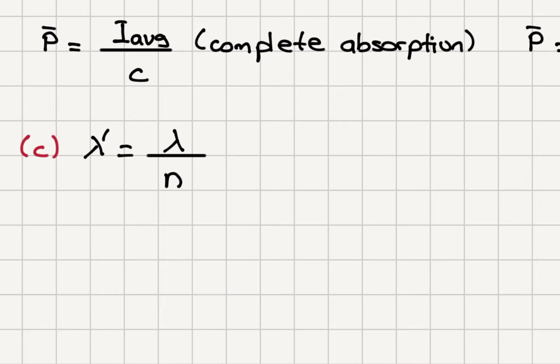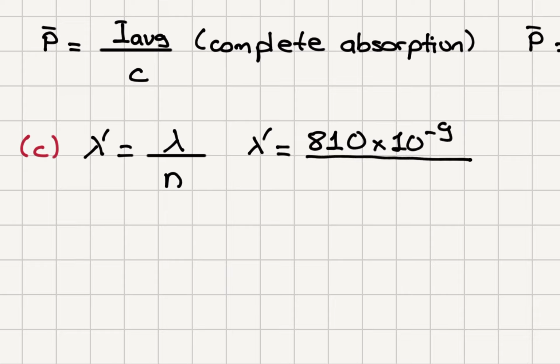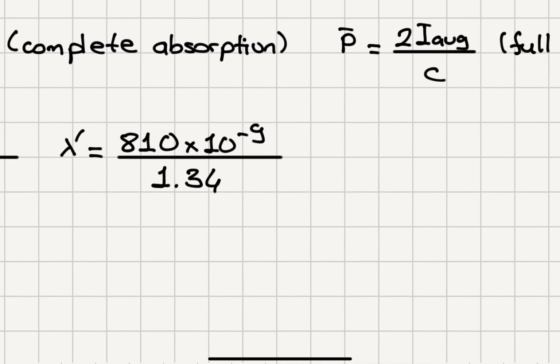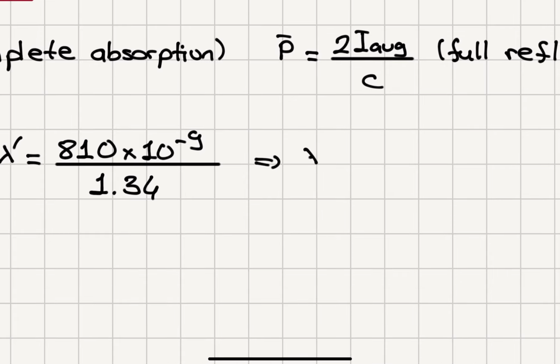From this we can calculate the wavelength: 810 nanometers, 10 to the minus 9 in air, divided by the index of refraction of the vitreous humor, 1.34. So this gives us a wavelength of 604 nanometers.